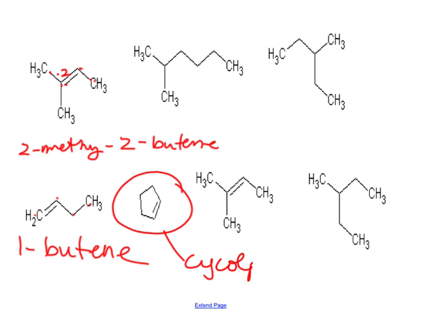Cyclopentene. Now, it is cyclopentene. You don't need a 1 on this because it's a circle. So that is always going to be carbon 1. So if you have substituents, say you have this coming off, one of these two carbons has to be 1.